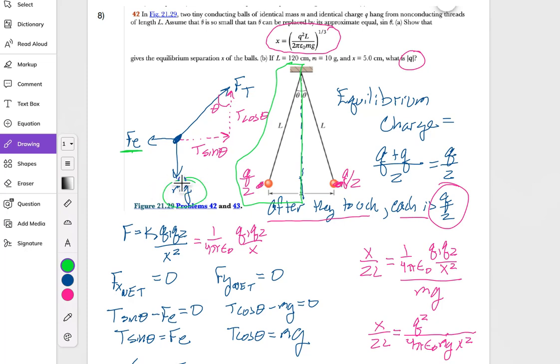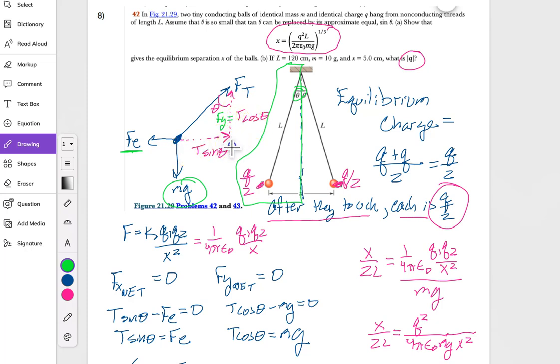We know mg is pulling it straight down, and we know that tension in this string is pulling it up to the right. So the only thing I have in the diagram that's not up and down or left and right is the force of tension. And they told us that there's the angle. So if we know the angle, we could say that the force of tension in the y direction is T cosine of the angle.